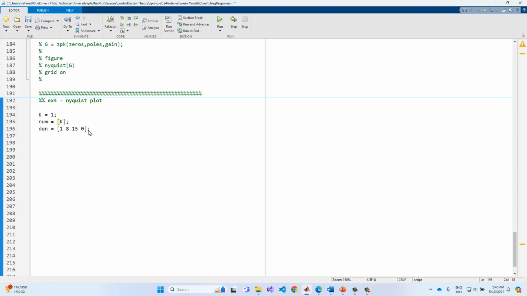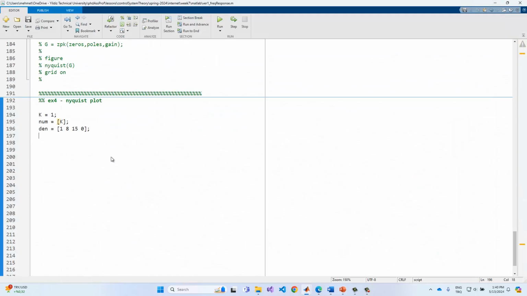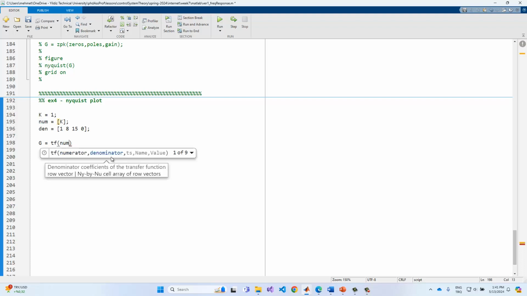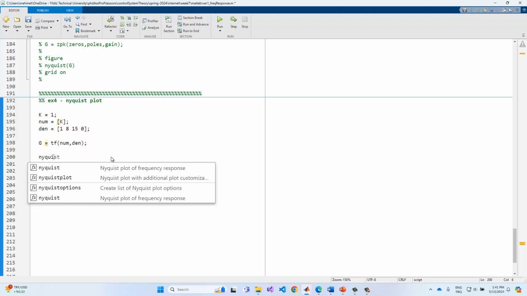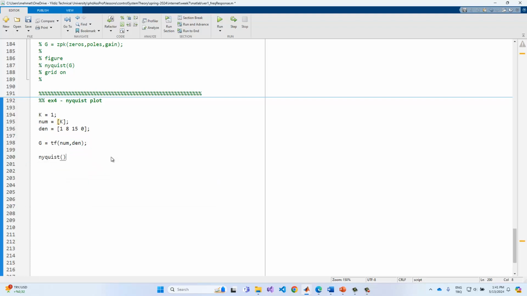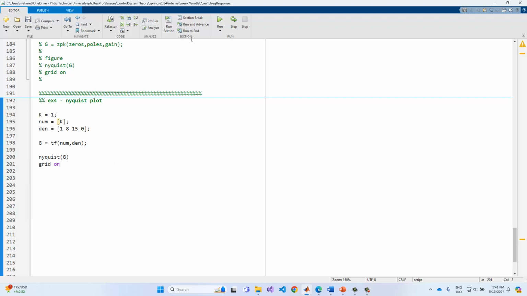This is the solution of s plus 3, s plus 5, and so this is the multiplication form of these terms. After that, G is equal to tf(num, den), and then the Nyquist of G, the grid on, can be given in here.